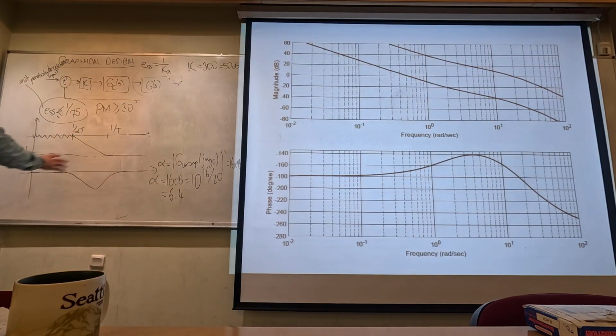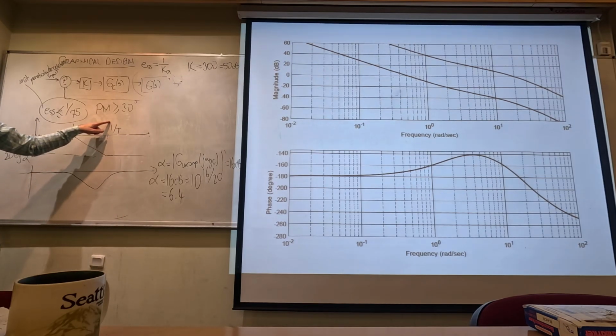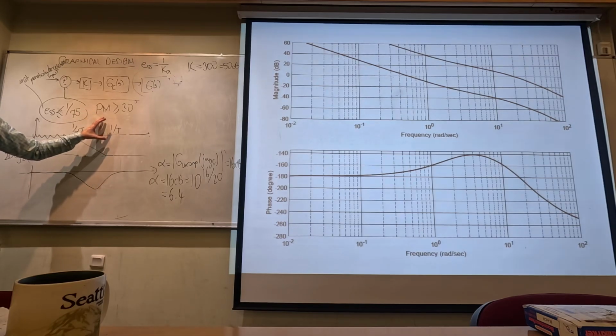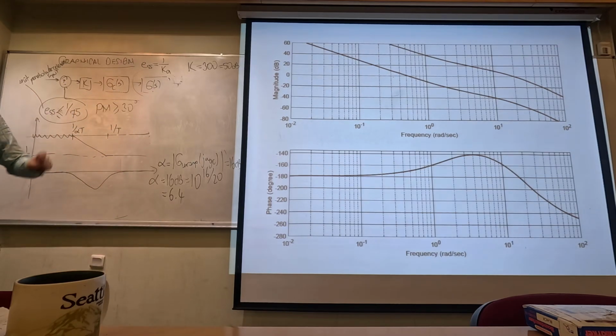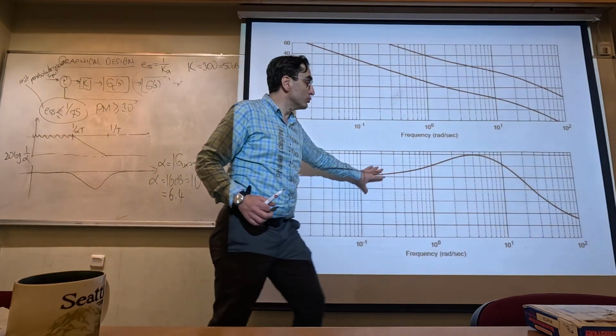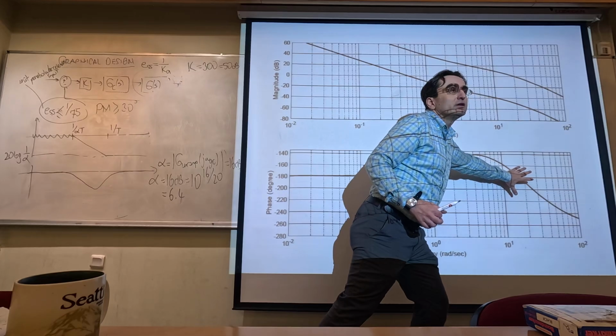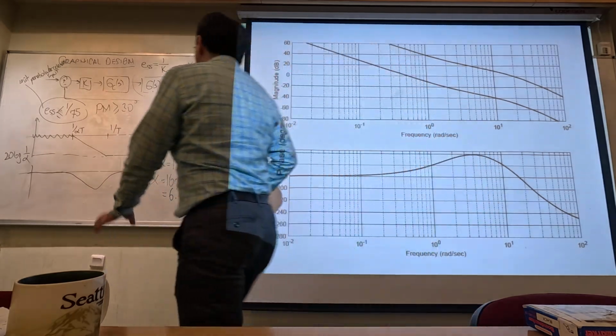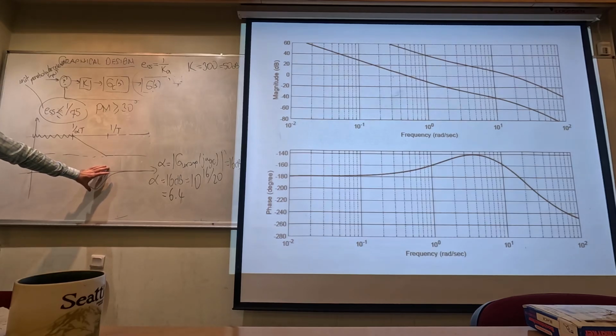And finally, I will try to place this larger corner frequency at least 1 decade below the new gain crossover frequency. I want this phase decrease to happen somewhere here. I really do not want that phase decrease close to the gain crossover frequency. That is why I need to place this at least 1 decade below the new gain crossover frequency.